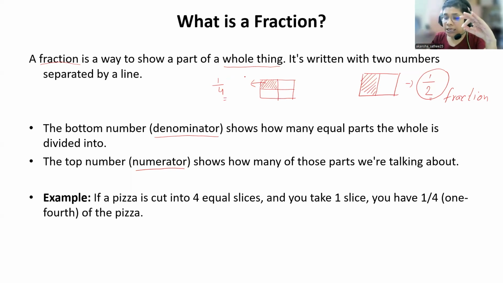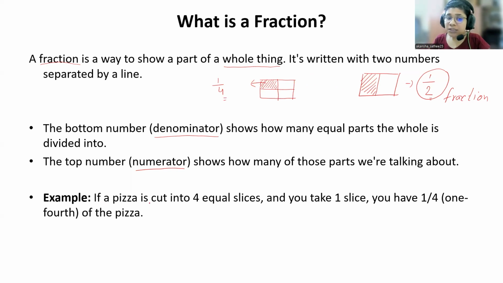Whatever number you see below the line is the number of equal parts you have divided the whole thing into, and the number written above the line is the number of parts we are interested in. In this case, we were interested in only one part, 1 upon 2, 1 upon 4.